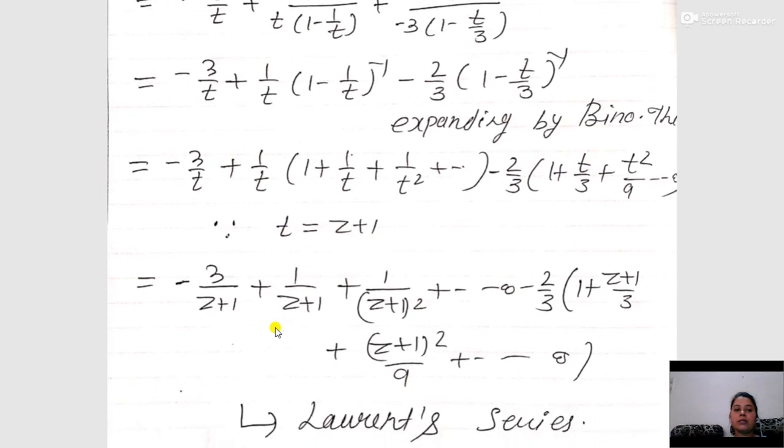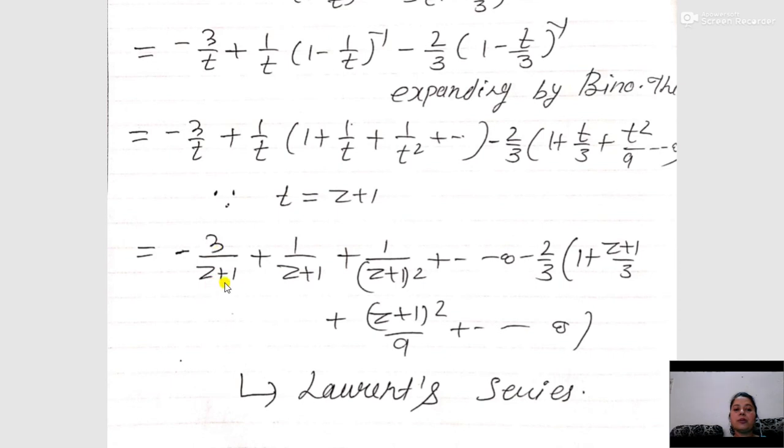So f(z) will be minus 3 upon (z plus 1) plus 1 upon (z plus 1) plus 1 upon (z plus 1) whole square and so on up to infinity, minus 2 by 3 into (1 plus (z plus 1) by 3 plus (z plus 1) square by 9 and so on up to infinity). Since this series has negative powers of z plus 1, the series is a Laurent series.